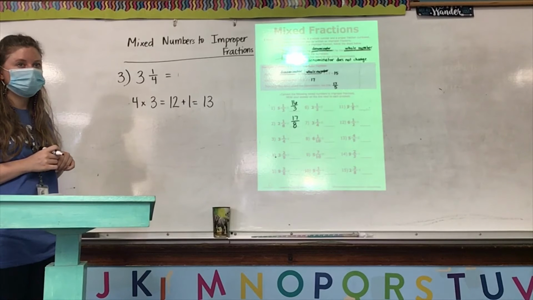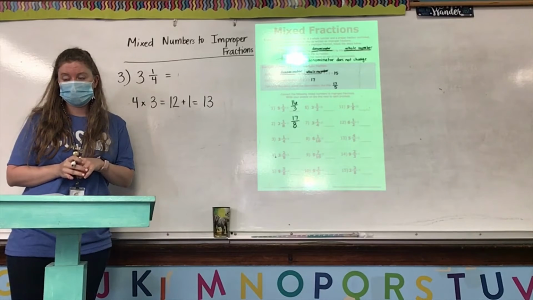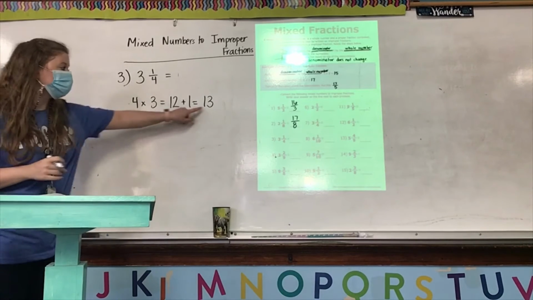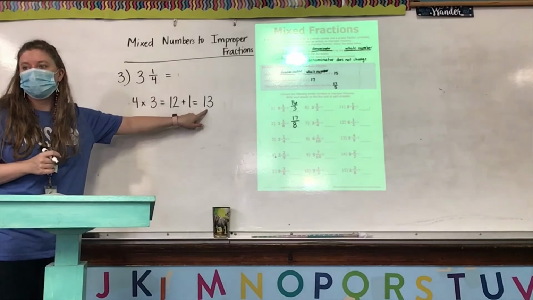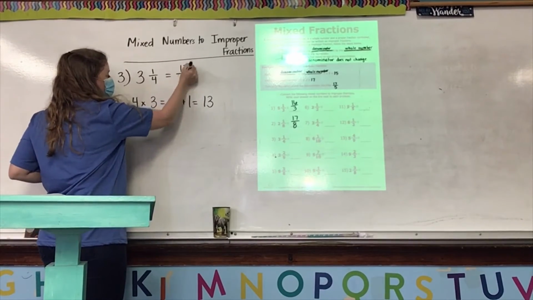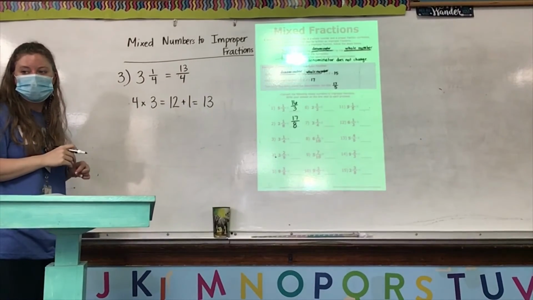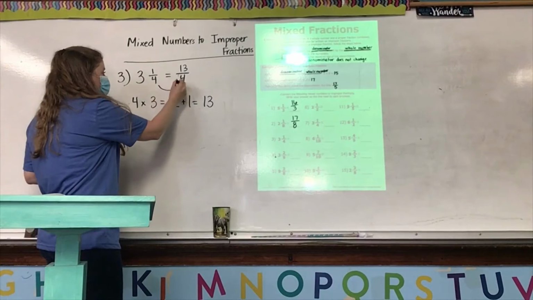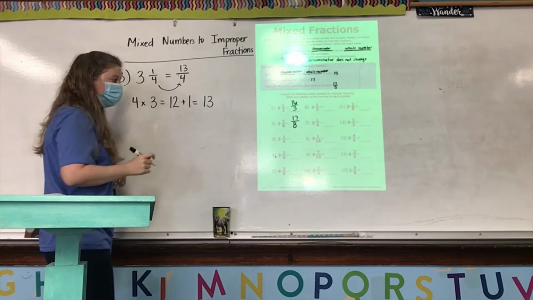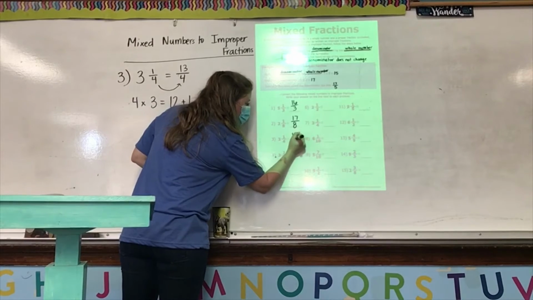Then we write the result on top of the numerator. So this answer is our new numerator. And what is our denominator? 4. Why is that our denominator? Because the denominator never changes. The denominator never changes. So Cullen, 3 1/4 is equivalent to 13 fourths.